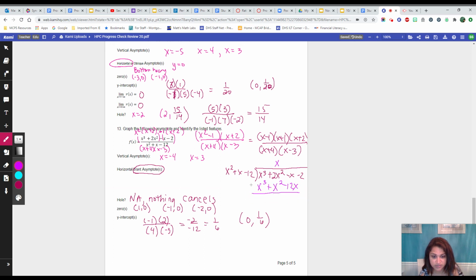And now I'm going to subtract. So subtracting this whole entire thing means I'm going to make sure I watch the signs there. That's going to disappear. And then 2x squared minus x squared is just going to give me x squared. And then negative x minus negative 12x is going to give me positive 11x. Okay, now you ask yourself, does x squared go into x squared?